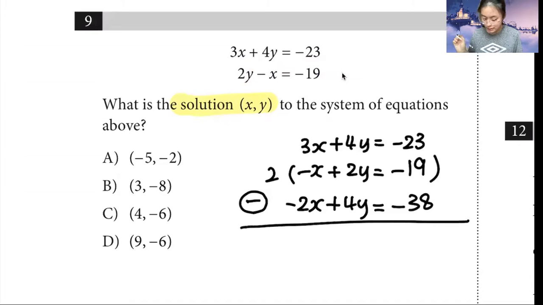And that would be 5x minus, well, it will be 0 because it's eliminated, and that would be 15. All right. And then we can solve for x, and that will be x equals 3.